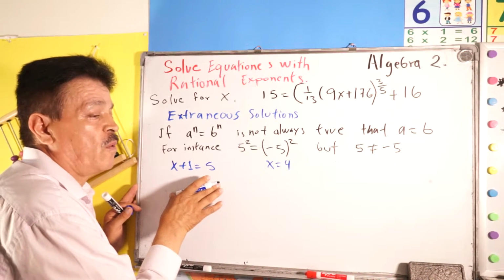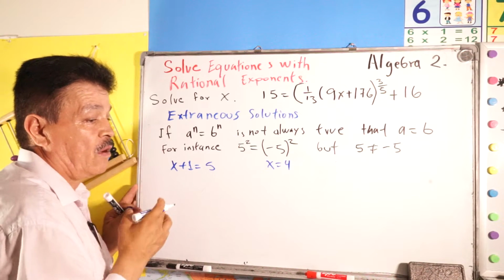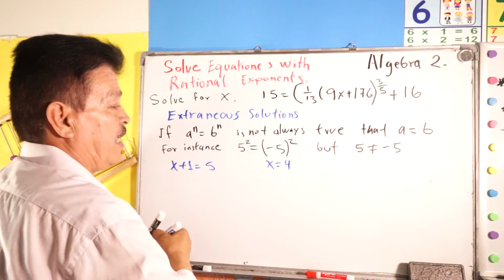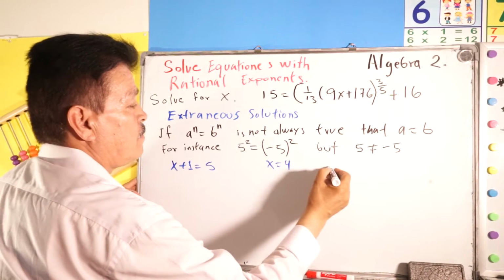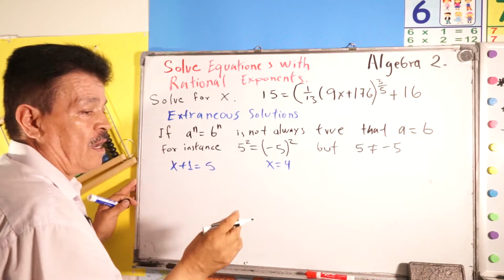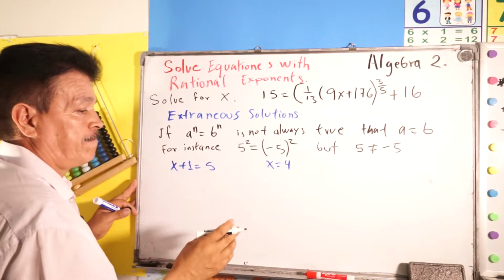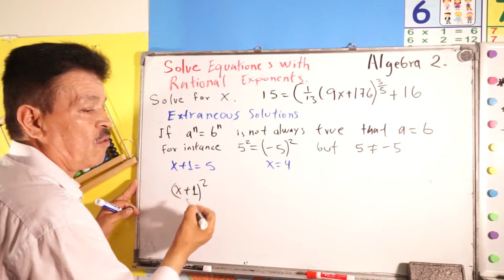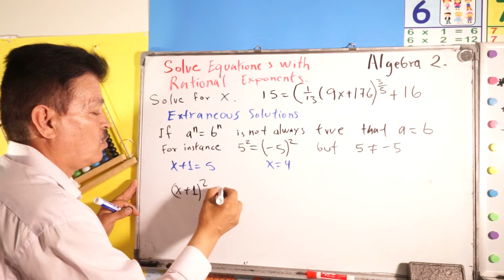If we square both sides, we get (x plus 1) to the second power equals 25.